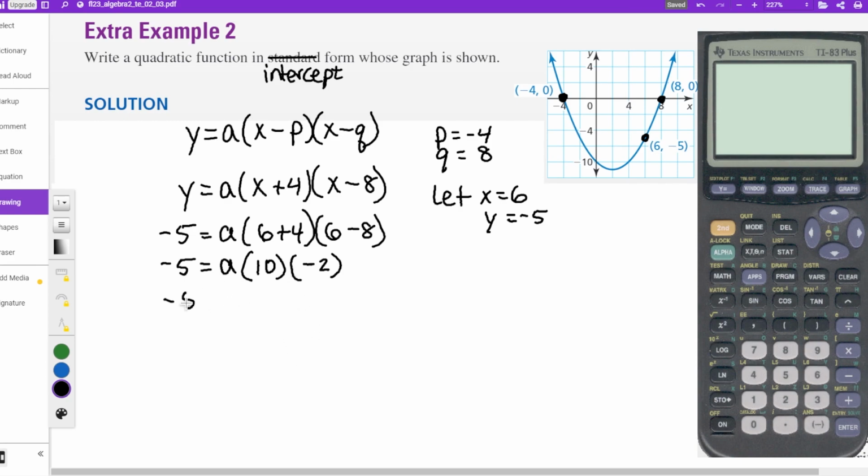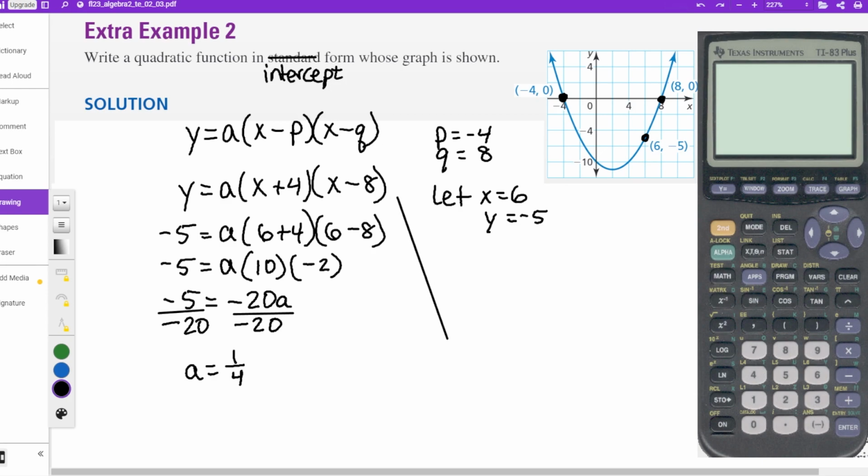Simplify the right-hand side, -5 equals, that's -20 times a. And we write the -20 first and then the a. Then to solve for a, divide both sides by -20. We get a equals +1/4, because 5 over 20 simplifies to 1/4.